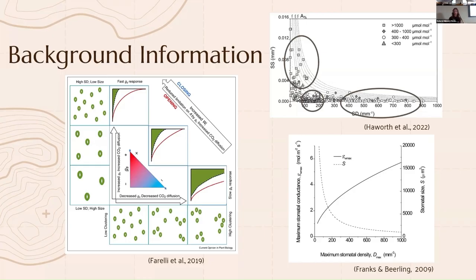If we have high clustering and larger size, the CO2 isn't going to travel through the pores as quickly as if it was a small-size stomata with high density, similar to the top figure in the box on the left. I like to think of it like people trying to get through the subway. If you have all of the little gates open, everybody's going to flow through a lot quicker.